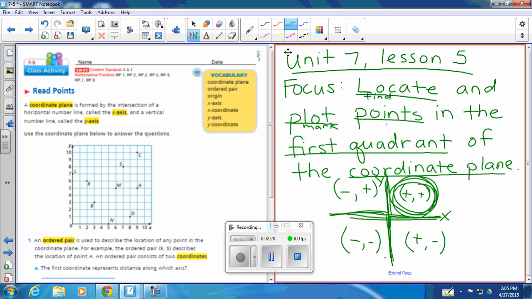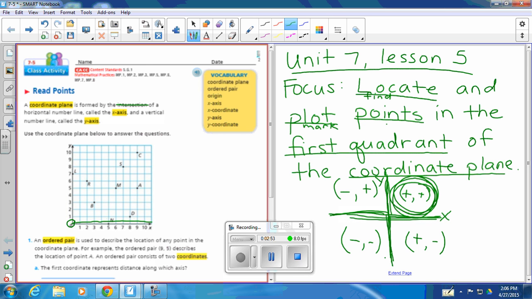Okay. So over here on our student activity book, which is page 249, we have a coordinate plane formed by the intersection of a horizontal number line called the x-axis, which is right here in this picture. Horizontal, remember, goes like the horizon in the ocean. And that's called the x-axis. So it's just like a number line.